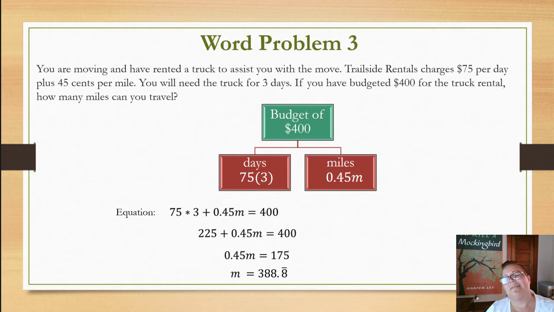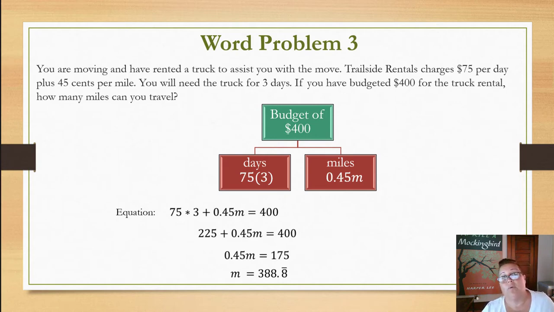And this piece is a little bit tricky. If I travel 0.8 of a mile, I'm actually going to get charged for 389 miles. I can't get charged for 389 miles because that would be over the amount of money in my budget.